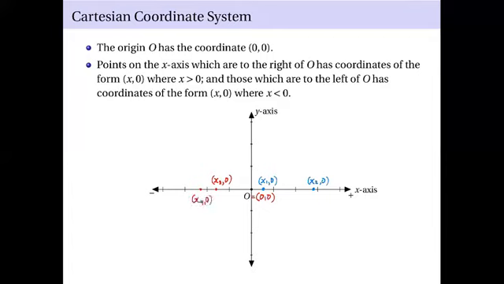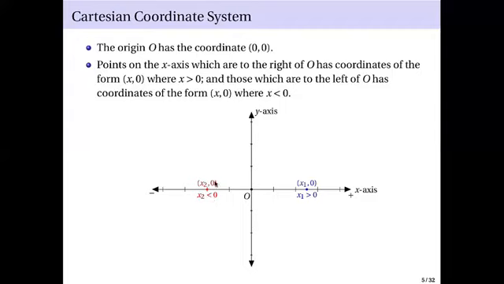This x sub 3 and x sub 4 are all negative. So if we look at this, we have x sub 1 comma 0, x1 is positive, while in here you have x sub 2 comma 0, x2 is negative.